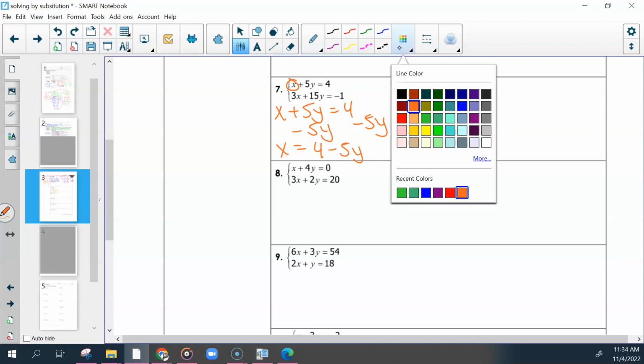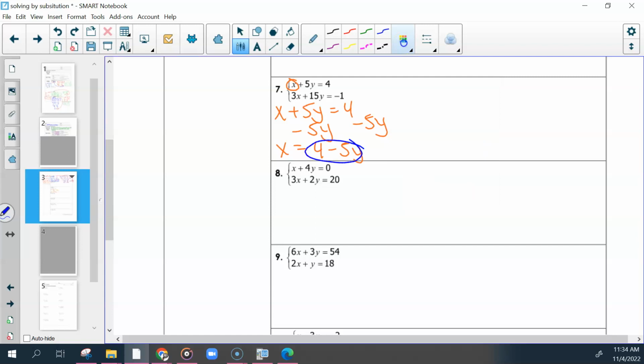Then we're going to take that and put it into the other equation where x is. Rewriting that second equation as 3 times 4 minus 5y plus 15y equals -1.